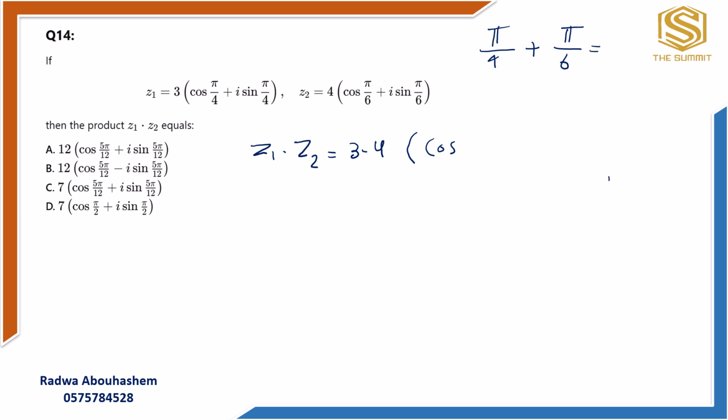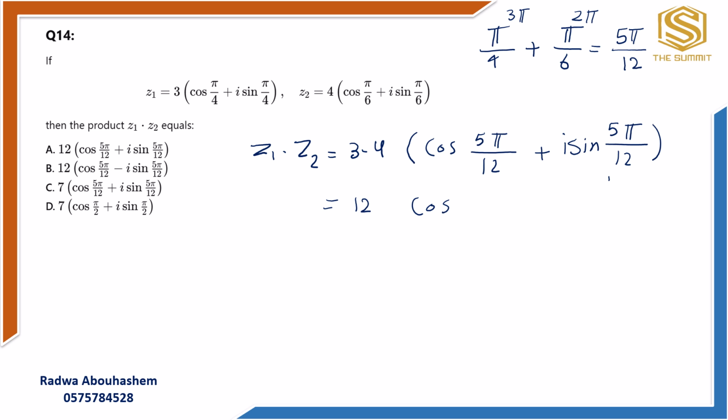So here, if I want to make a common denominator, it would be 12. So this would be 3 pi, and this would be 2 pi. So if I add, it would be 5 pi. So it's cosine 5 pi over 12 plus sine 5 pi over 12. 3 times 4 is 12.